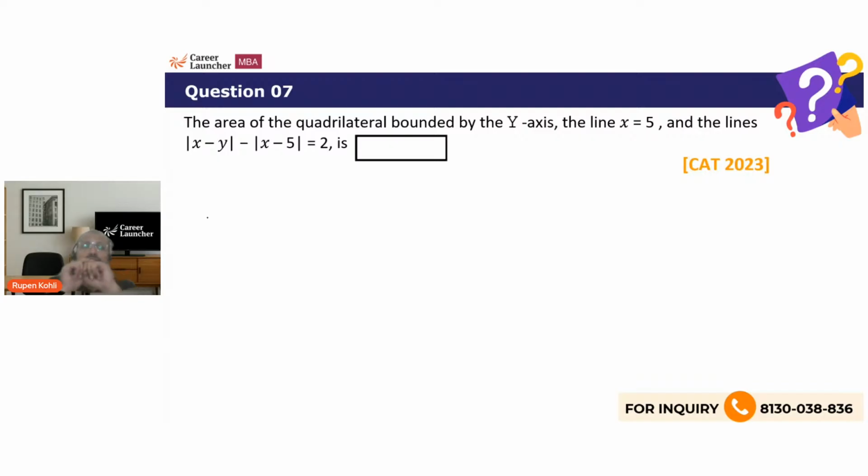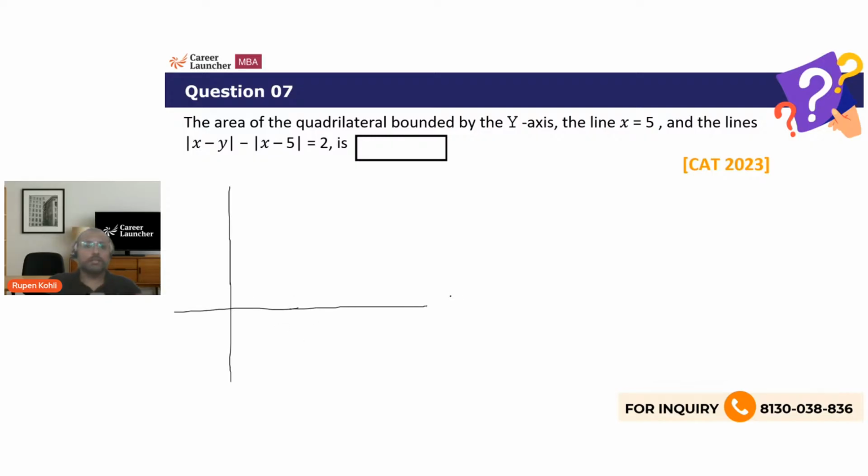We just learned how to open the modulus. That's all that we need to do. Modulus opens with a plus sign when the input is positive and with the minus sign when the input is negative. Let's see. Okay, so let's say this is the y-axis and let's say this is the x-axis, people.